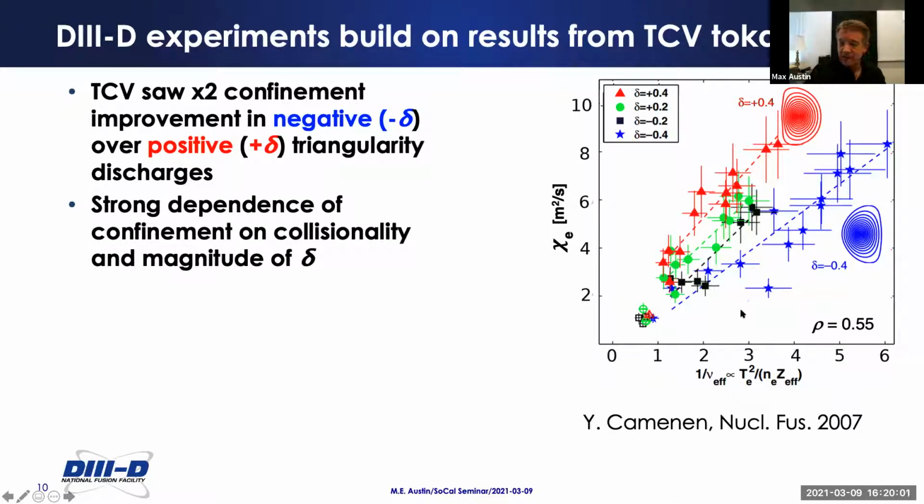And for reference, on this collisionality scale, DIII-D falls between 1 and 2, but ITER and other next step devices will fall between 4 and 5. So you can see how this important difference in confinement could be important for next step devices.